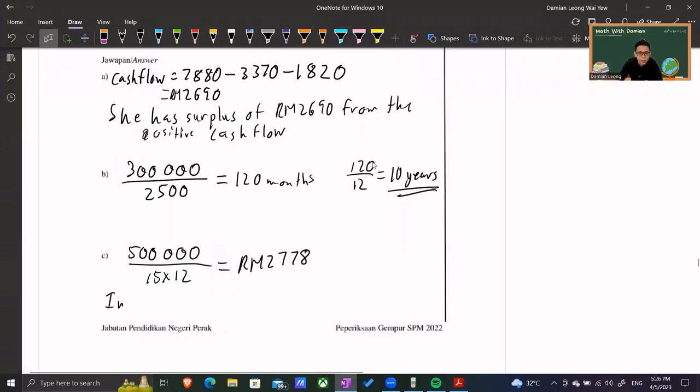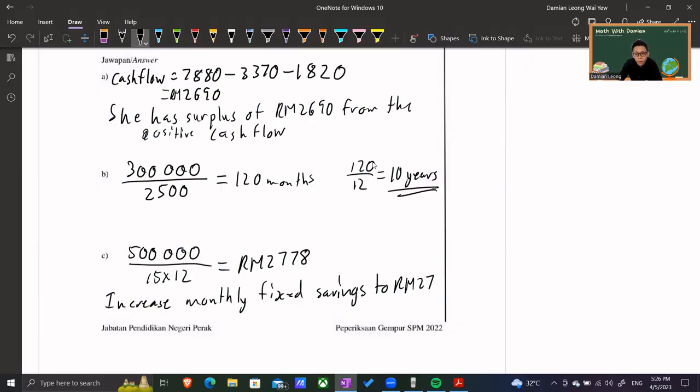So basically, increase monthly fixed savings to RM2,780, or even 2,800 is fine. Slightly more, because that will still keep her in positive cash flow.